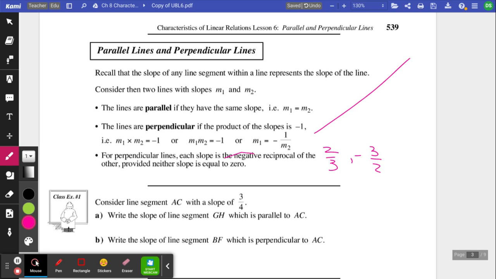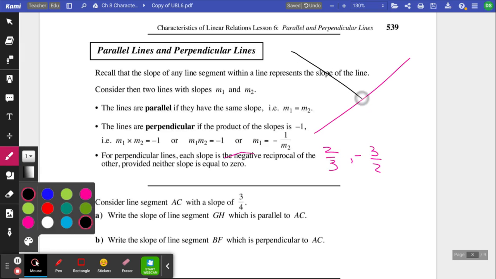So the other one to be perpendicular has to be negative. And the other cool thing is they will be reciprocals of each other. So if one is up 2 over 3, the other one will be 3 over 2. Actually, go down 3 over 2. Okay, let's go check it out.